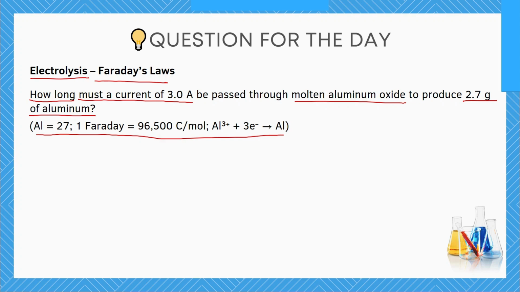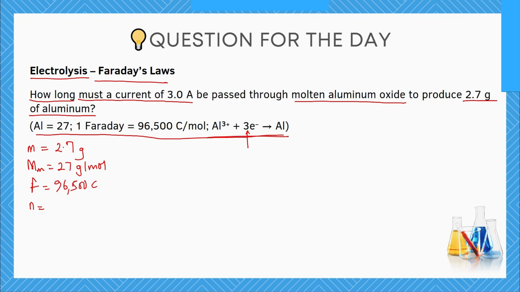So the first thing we need to do is to list out our parameters. We've been given the mass of substance to be 2.7 grams. We've been given the molar mass of aluminium to be 27 grams per mole. We've been given Faraday's constant to be 96,500 coulombs per mole, and the number of moles of electrons, we're given it over here.